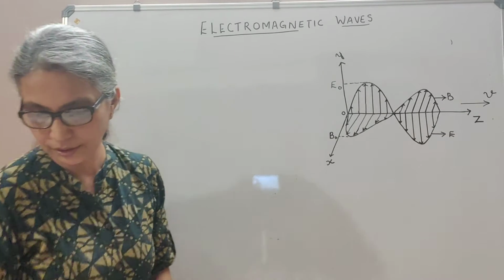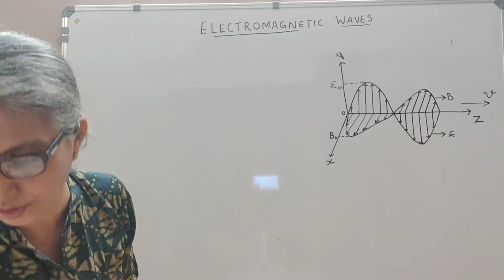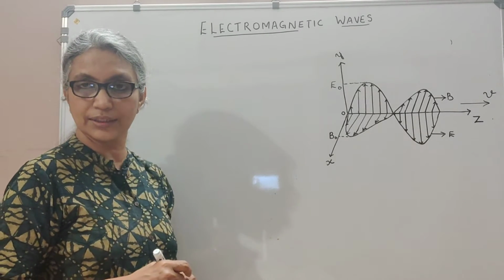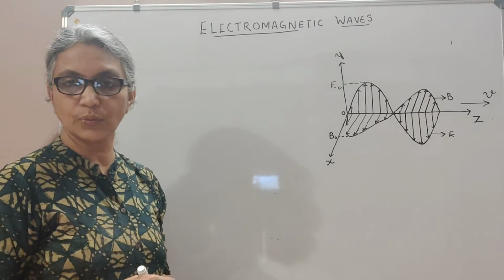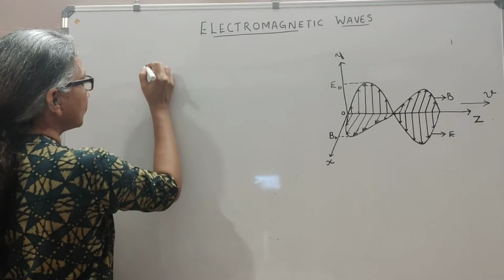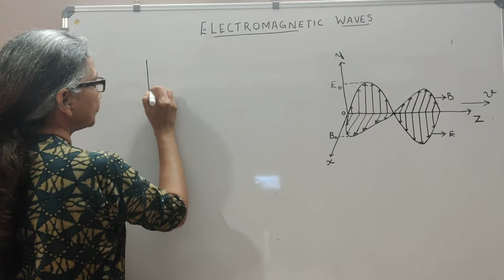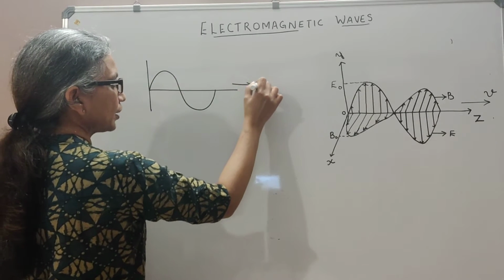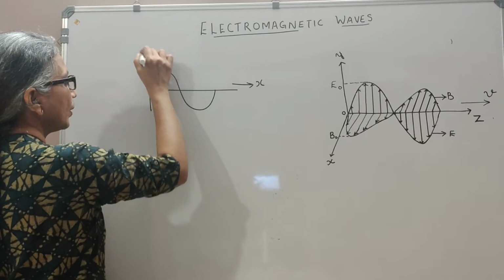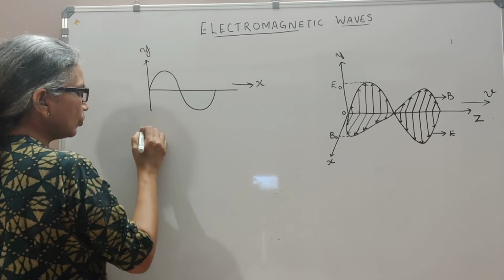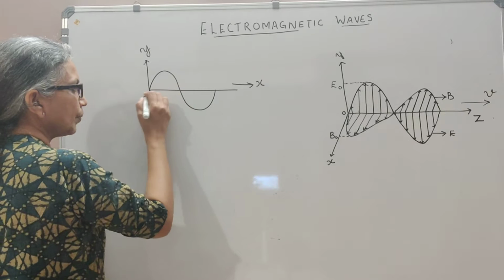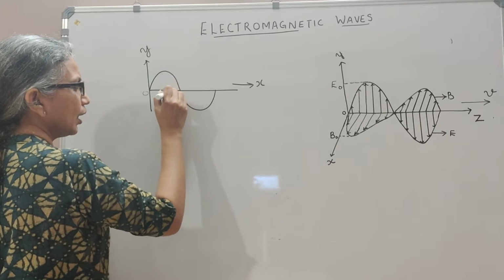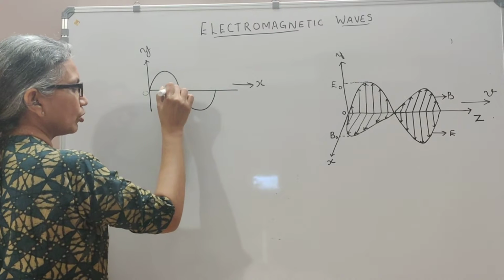Then the next one that we need to discuss is, in the last chapter, waves in class 11, we learned the wave equation. If we have a wave traveling, let's say along the x-axis, and this is the y-axis, this is the origin, let's take a particle here at some distance x from the origin.